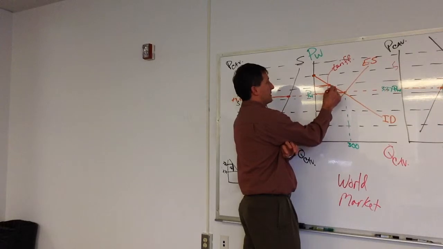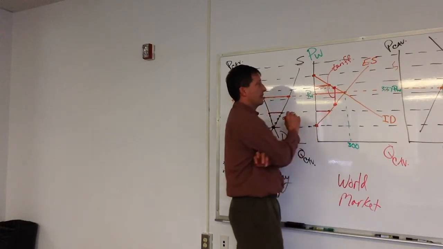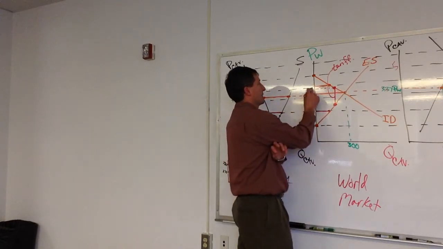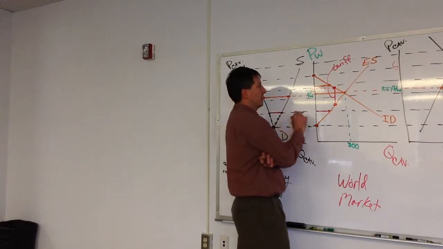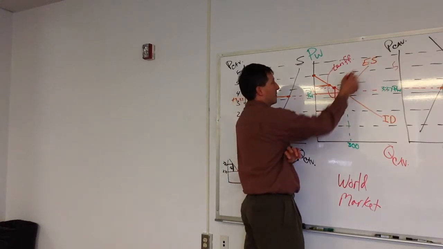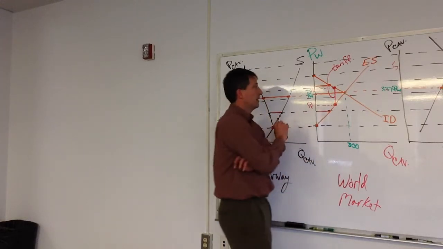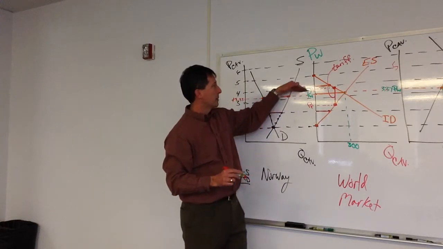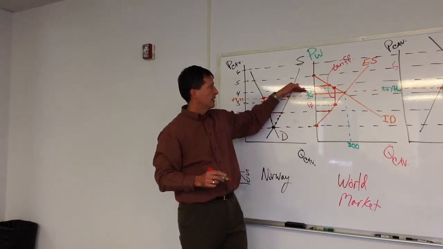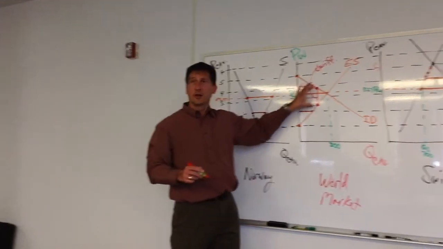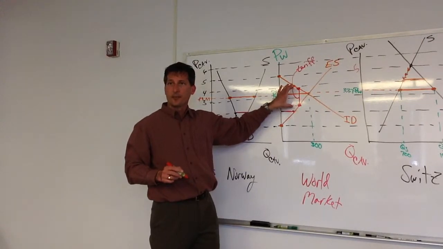The price where it touches up here represents the price that the consumers pay. Where it touches the supply curve shows the price that the producers will receive, what we call PP and PC. The difference is the tariff revenue going to the United States government.